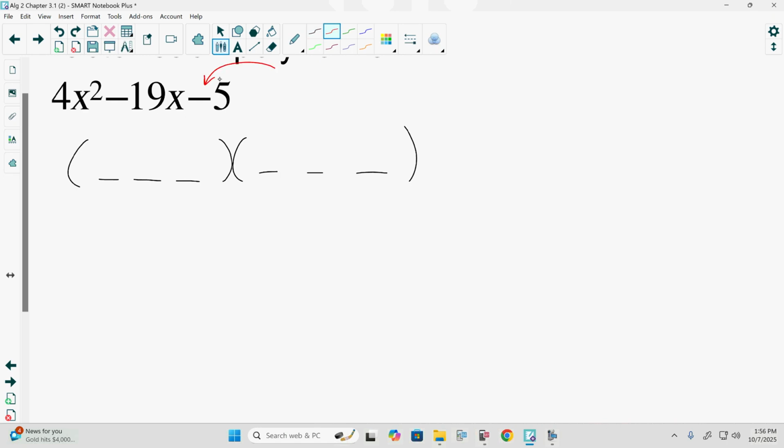If the third term is positive, the signs are the same and match the sign of the middle term. If the third term is negative, our signs are opposite. So here the third term is what? Negative, yes? So the signs are opposite. Am I looking at the middle term sign for this here? Well, no, we're just looking at the third term. Since the third term was negative, our signs are opposite. The only time we really look at the middle term is if the third term is positive.